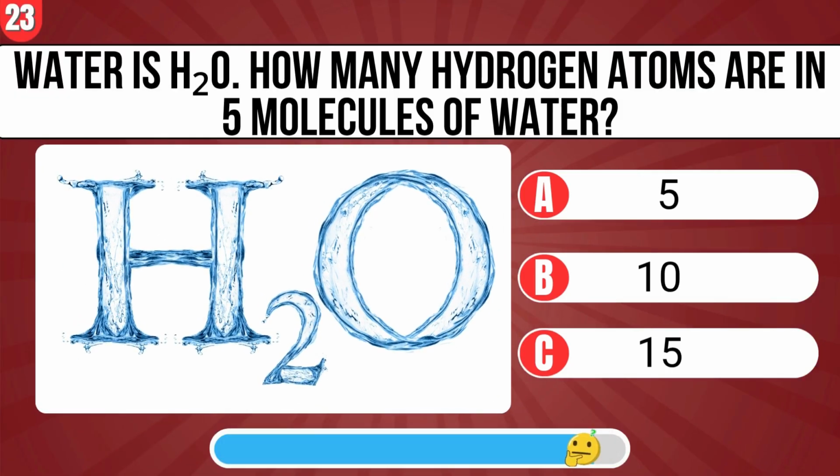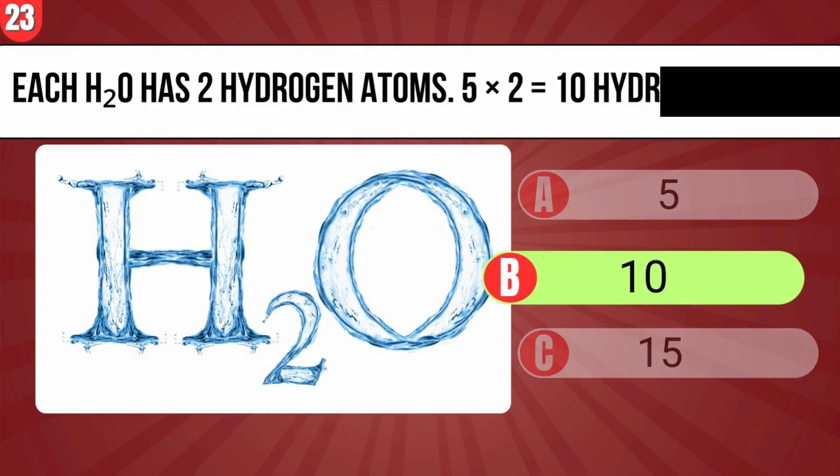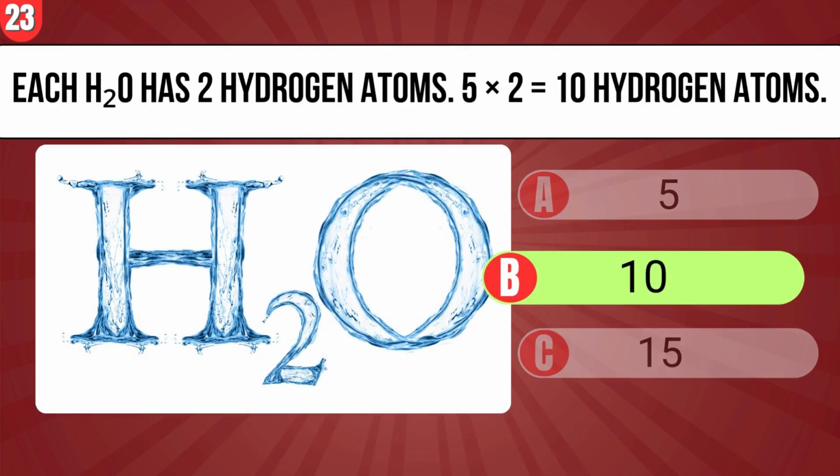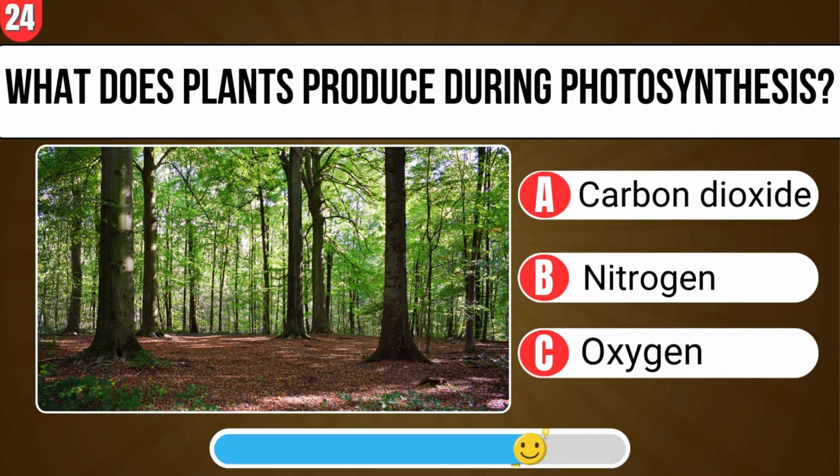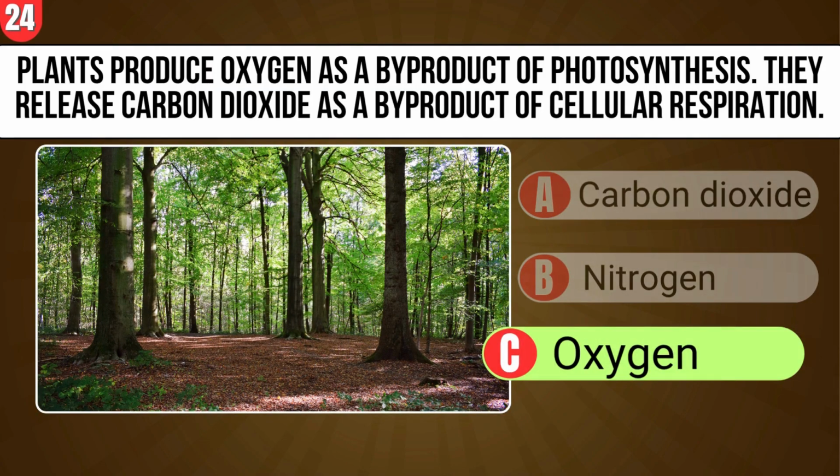How many hydrogen atoms are in 5 molecules of water? It's 10 hydrogen atoms. What does plants produce during photosynthesis? Plants produce oxygen as a byproduct of photosynthesis.